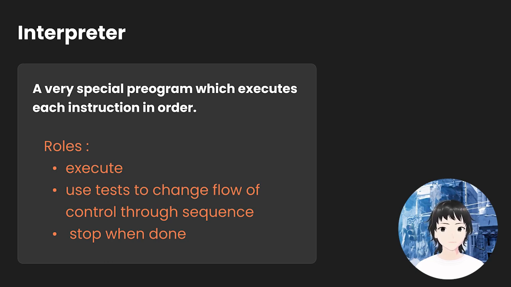And the final is to stop when the work is done. That's the interpreter. Each programming language has an interpreter which converts the human-readable code into machine language. So an interpreter is kind of a translator which translates the human-written code into the computer language.